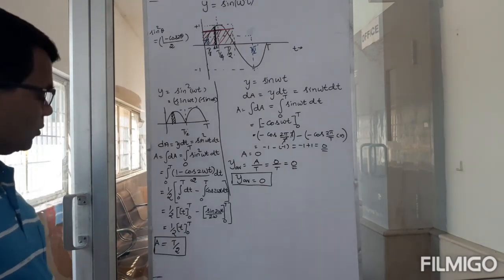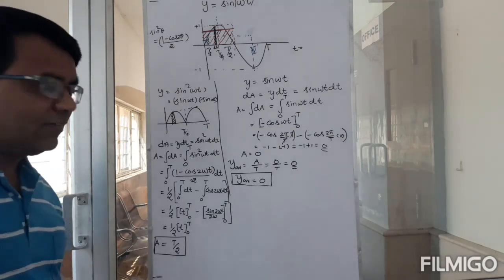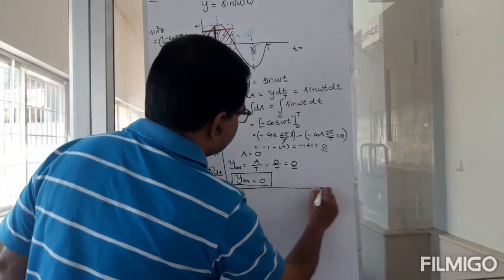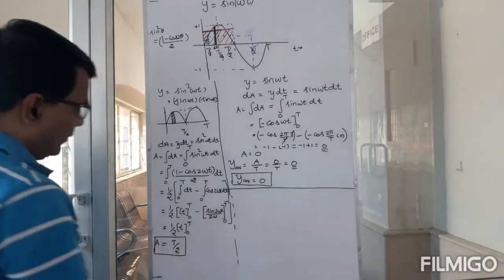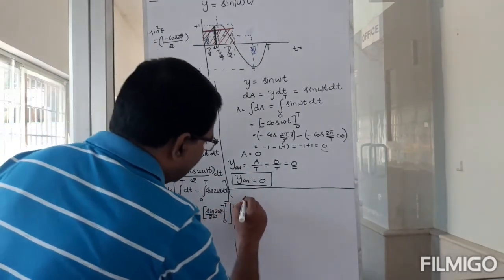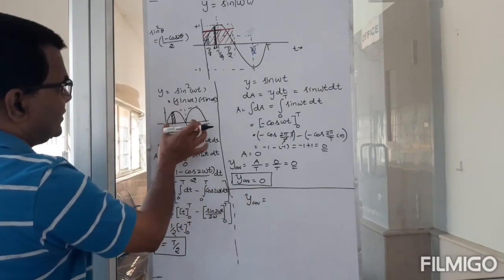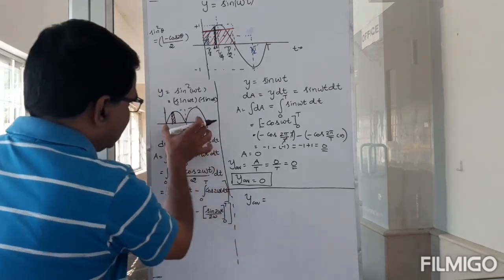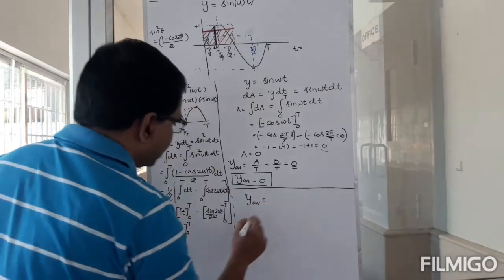Okay, so how do you find the mean value of y? That is easy. I'm going to make use of this space now. What's the mean value? Y average is equal to this area divided by this time. This is the x-axis, right? Over which the area has been calculated.